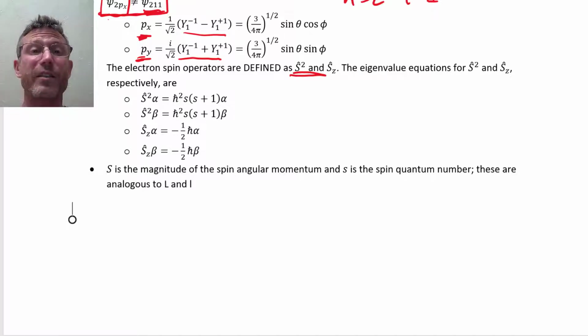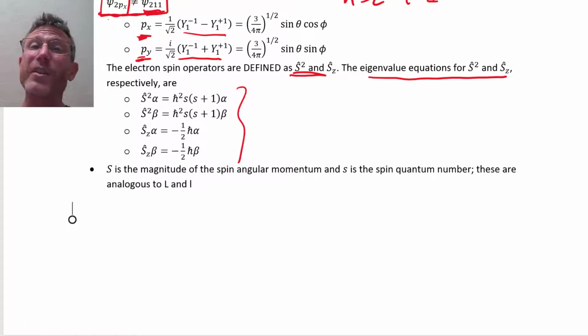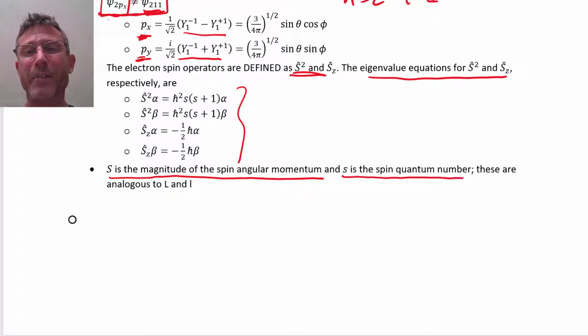So they are considered as a form of spin angular momentum, if you will, for the electron. We can also think about certain eigenvalue equations for spin in particular that are somewhat different to the Schrodinger equation. They're a slightly different, separate entity. The capital S here is the magnitude of the spin angular momentum, and little s is the spin quantum number.